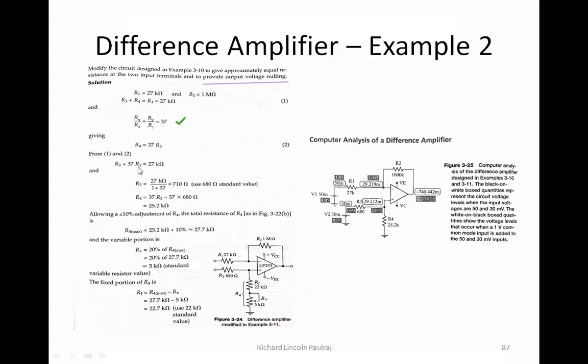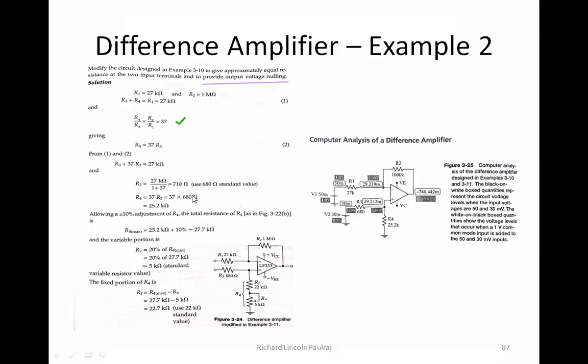I can take 1 plus 37 to the denominator, so 27 divided by 1 plus 37. Check, are we getting about 710 ohms? So 27k divided by 38. Yes, sir, 710.52. 710 ohms.